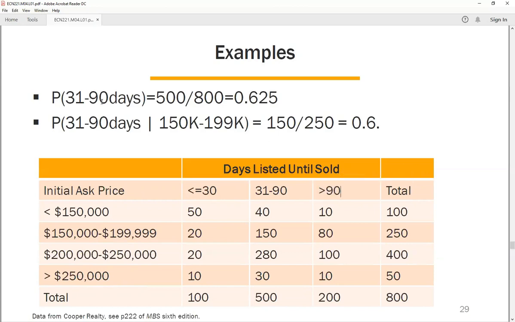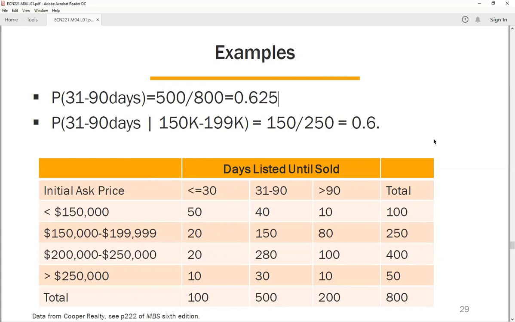So we can calculate the probability that something will sell within 31 to 90 days by simply adding up all of the homes that sell in that time frame and dividing that by the total number of homes in this example. And the answer gives us 0.625.